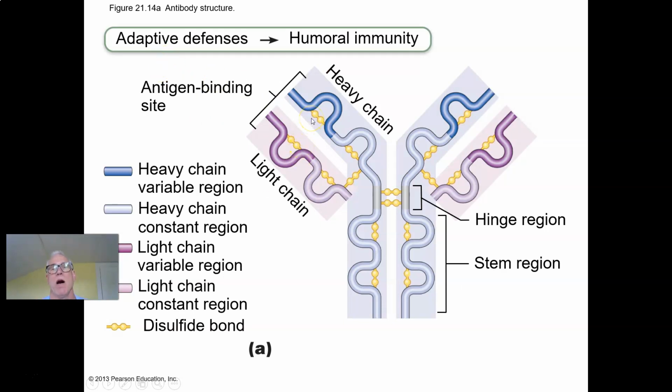Here's an antibody molecule drawn in cartoon form. So there are 2 heavy chains, or long peptides. These taffy-looking bars are chains of amino acids. It's a peptide. And so there are 2 heavy chains, and these yellow things are disulfide links. They're just side chains of a certain type of amino acid that can link together by sulfhydryl groups.